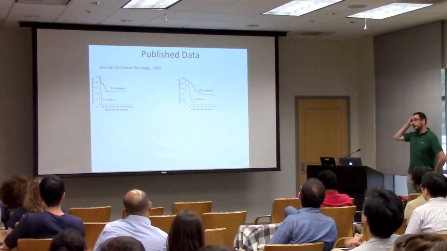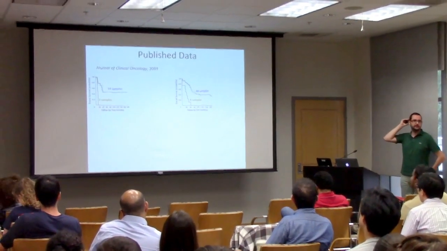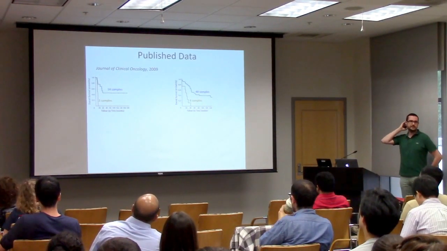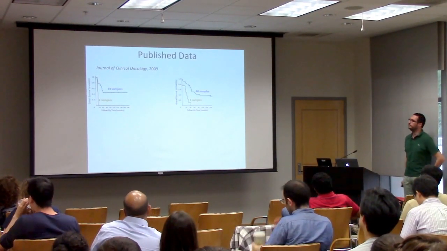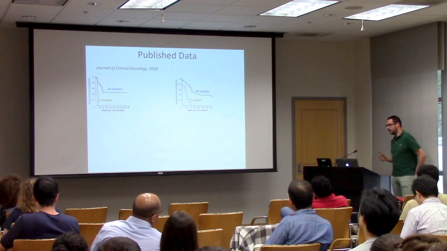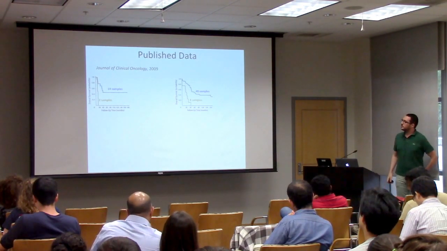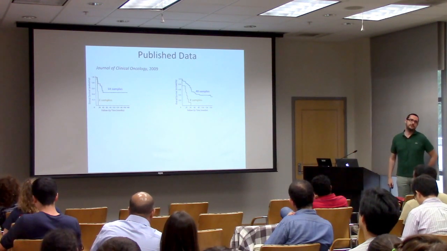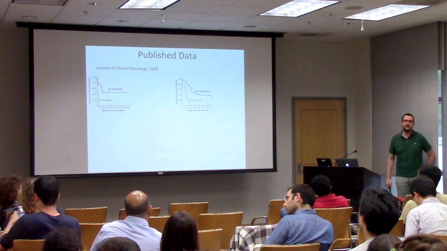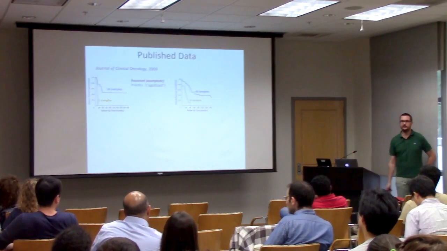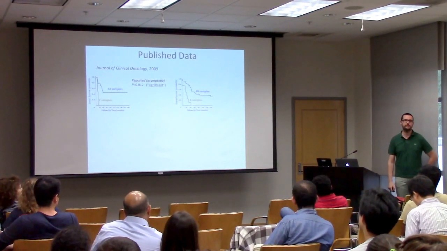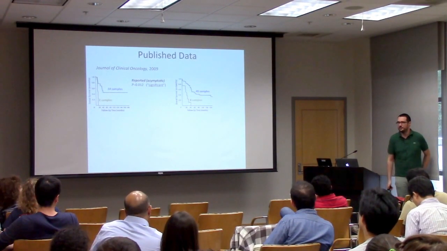And then we tried to collect some survival data from published papers to see if the p-values that we get with our tool are similar to what was published or not. So this was an interesting exercise, because if you try to collect survival data from studies that have already been published, it's not so easy, at least in my experience.